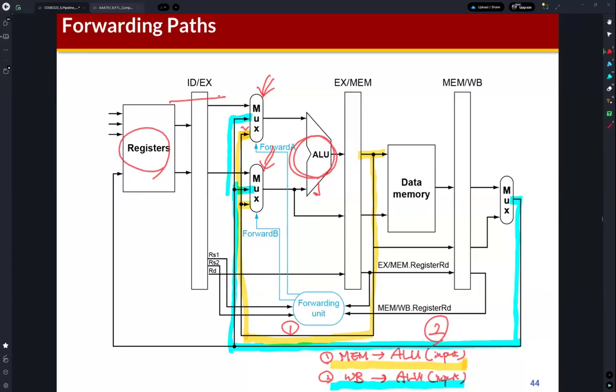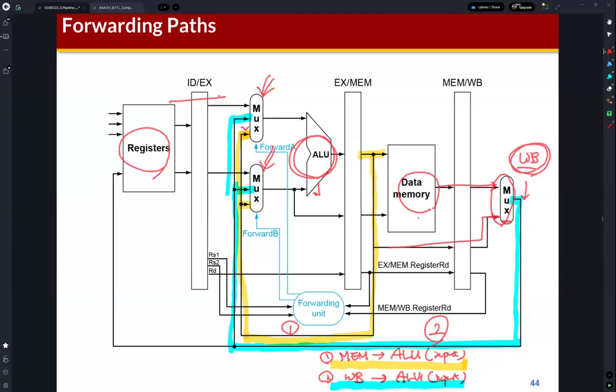So you can observe that this data is the data from this multiplexer. And what is this multiplexer? This multiplexer can receive data from data memory and data from ALU, right? And this is the final write back data. So if the former instruction is the load instruction, the data comes from the data memory.